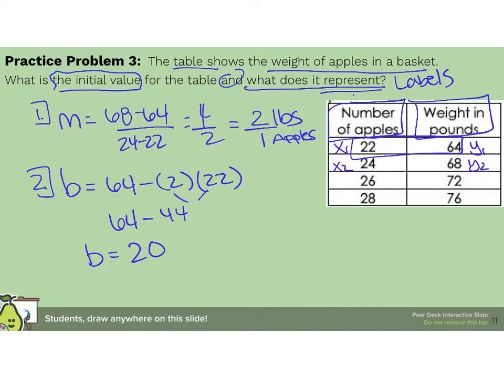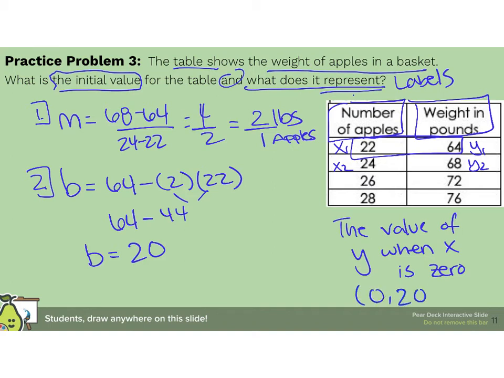When we first learned what initial value was, one of the definitions was that the initial value is the value of y when x is 0. That's our conjecture, actually. So b means this is the point: x is 0, y is 20.